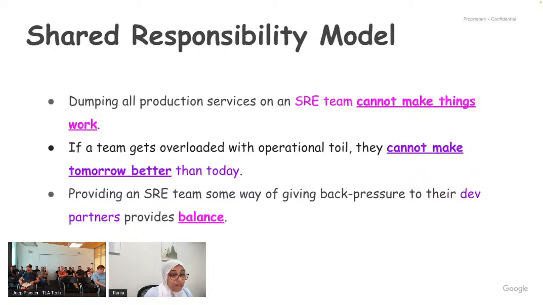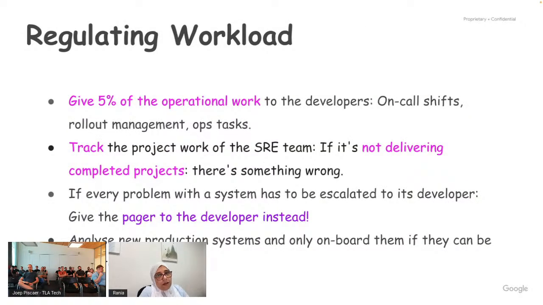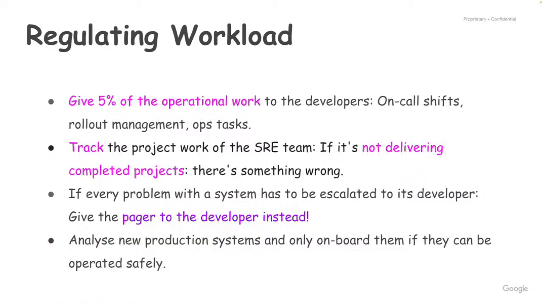If they don't meet them, they are already involved in the implications and consequences. It's not only the responsibility of the SRE or DevOps team. Regulate workload and, as I mentioned, rotate things. So involve like 5% of the operational work to developers so that they are really into the process itself.